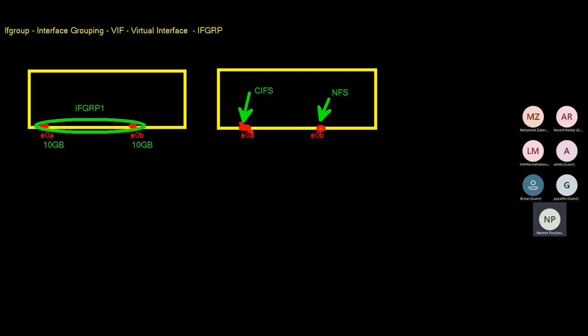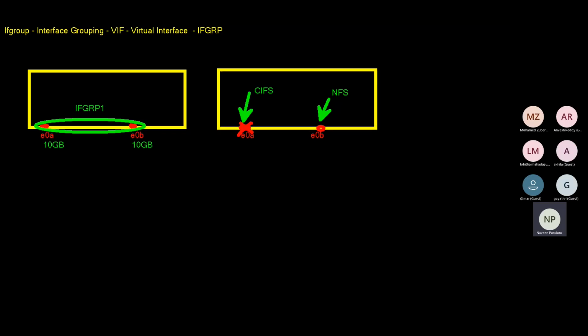If this port went down due to some issue, then the LIF has to fail over to a different port or different node. So there is no immediate redundancy. But if you configure an IFGRP, even if one port fails, no problem. There is another port under the IFGRP which will take care of the entire traffic. So I have immediate redundancy.